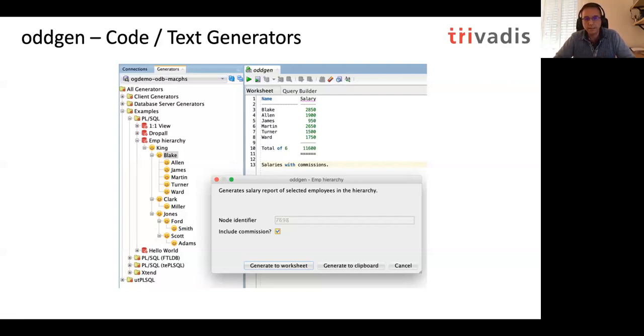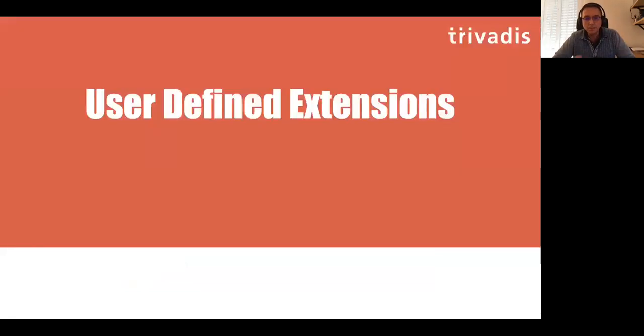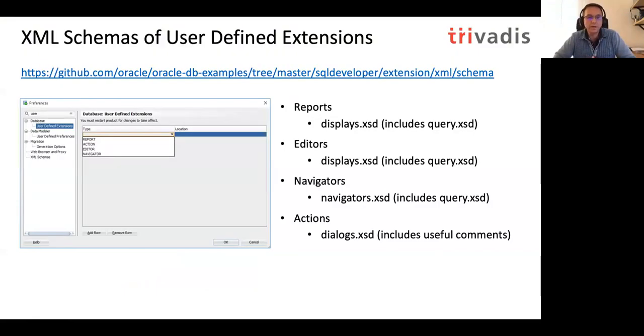That's another way to extend SQL Developer. But the topic of this talk today is user-defined extensions built with XML and with no Java at all. What you need is just a text editor, and you are in the end able to extend your SQL Developer. So what are the types of XML extensions within SQL Developer?